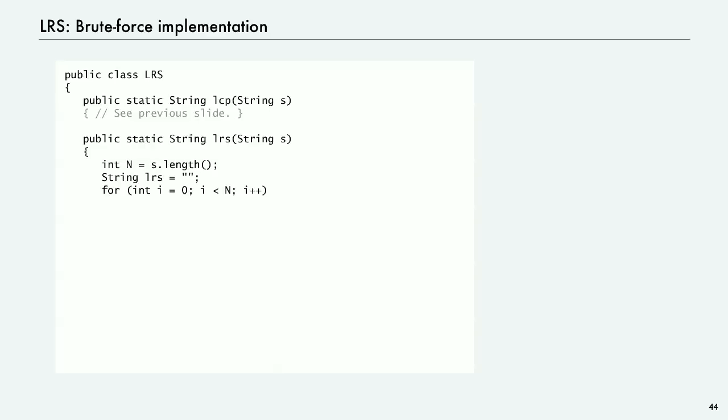So what do we want to do to find the longest repeated subsequence? We take our string as input, and we're supposed to return a string, which is the longest repeated subsequence. Again, we pick off the length of the string in n. For every position i in the string, we compare it with every position j later in the string. We test whether the substring starting at i and the substring starting at j have a longer common prefix than what we've seen before.